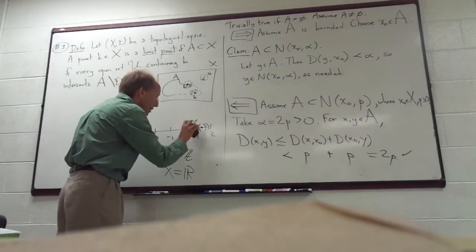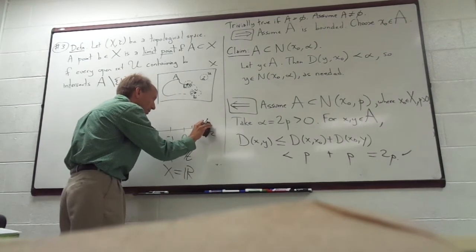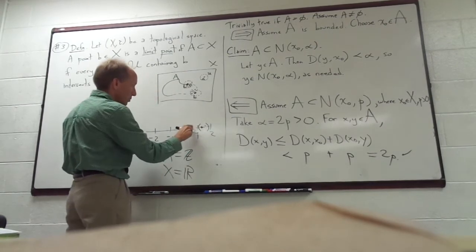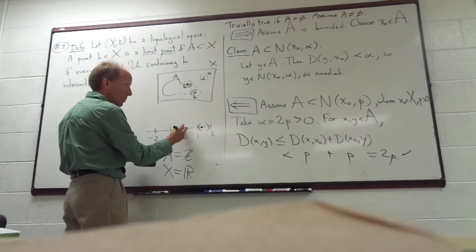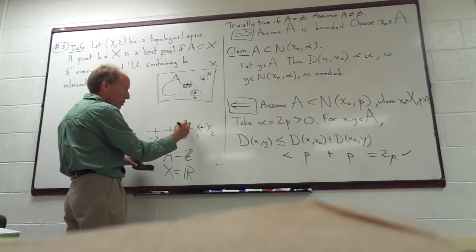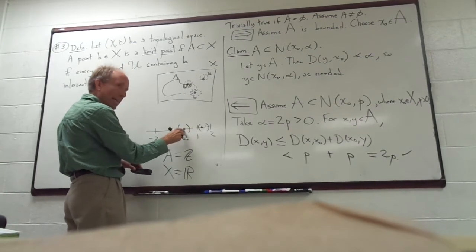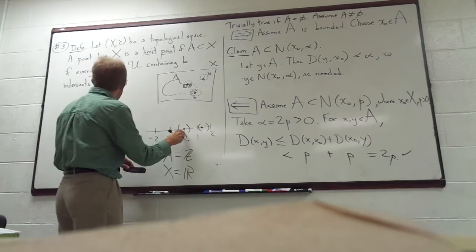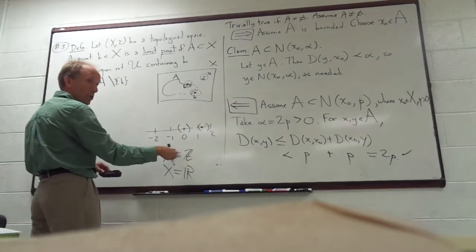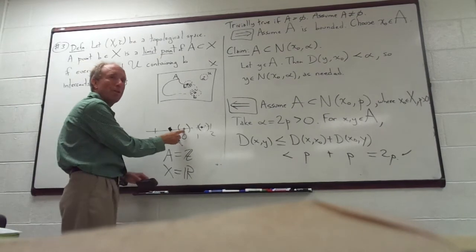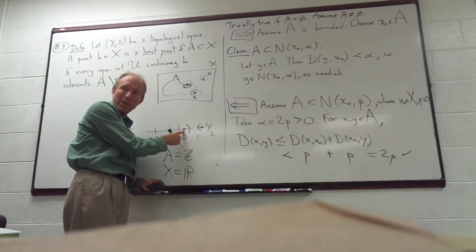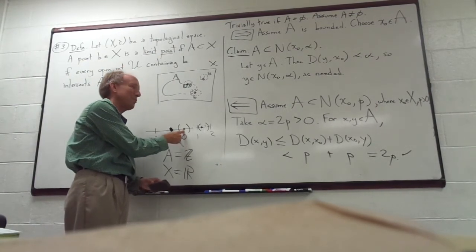Sorry, I should draw a neighborhood that doesn't include any integer in it. So the original one I drew was better. But even if I pick this point, yeah, it's true that every open set containing 0 does contain a point of the integers. But remember, if I throw this particular point away, then there are no other integers in there.